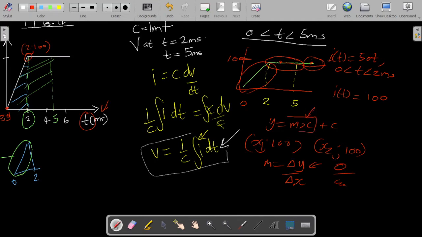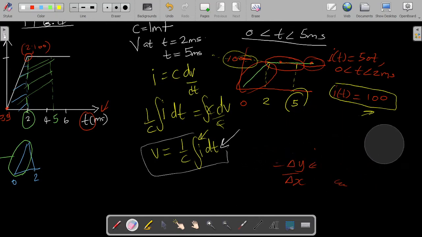So this term is 0, and we just focus on what the y-intercept would be. If you were to extend this so that it crosses the y-axis, it will just cross at 100, and that is why we basically have this. So that is your formula from 2 onwards up until 6 on the diagram, but we're only interested in getting our formula until this point, because that is what the question is asking for.